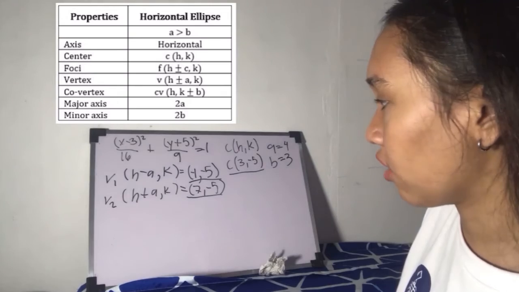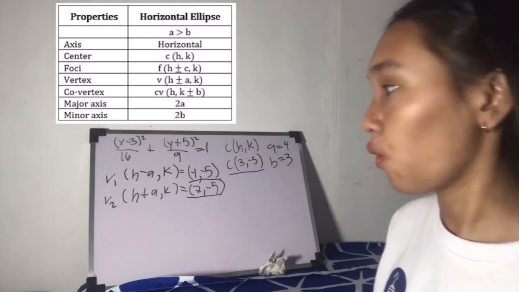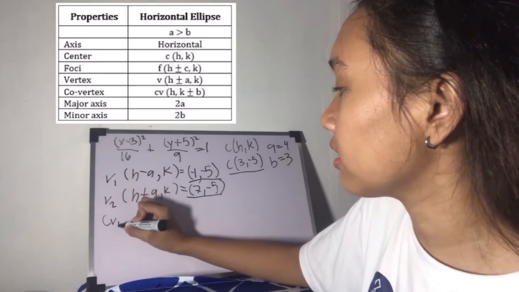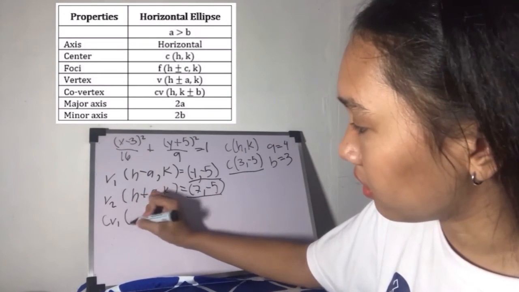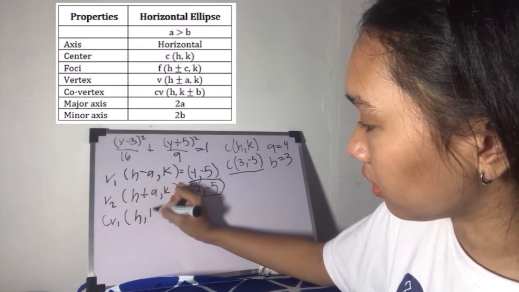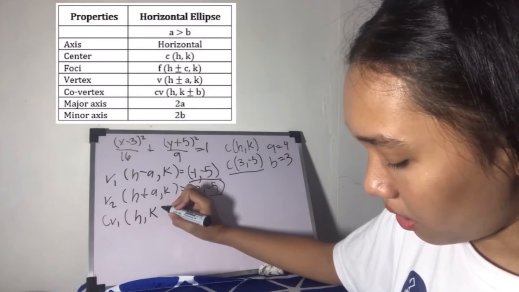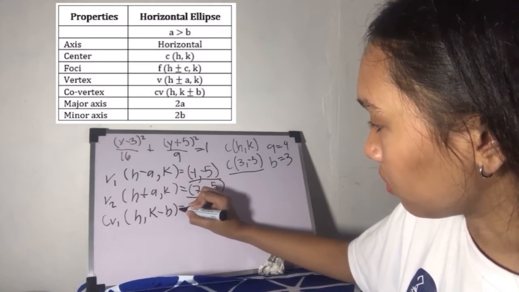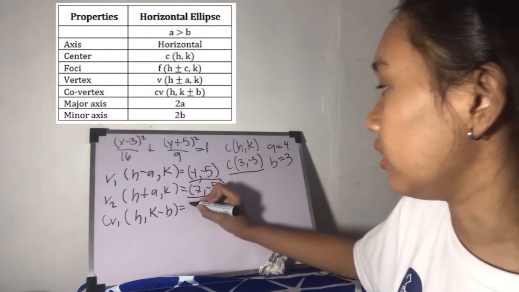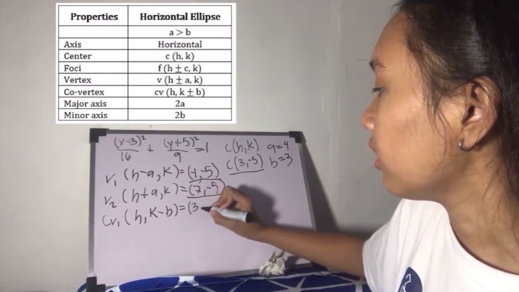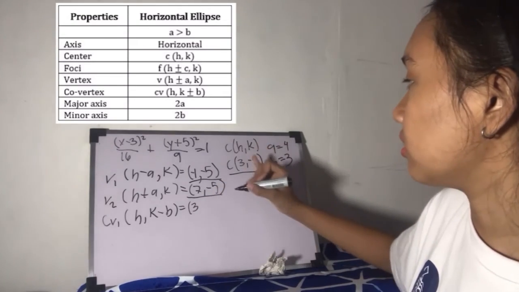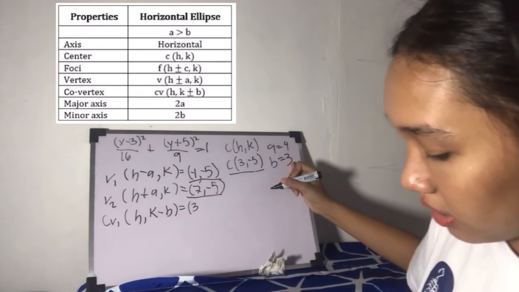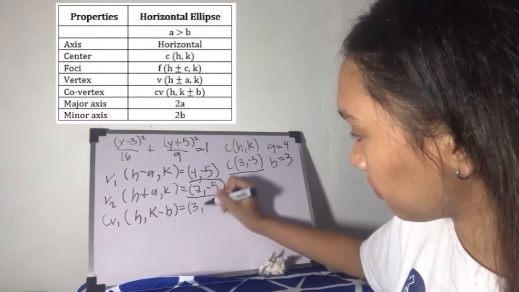And now we can find the co-vertices. The first co-vertex is h and then k minus b. Our h is 3, so 3, and k minus b means negative 5 minus 3 is equal to negative 8.